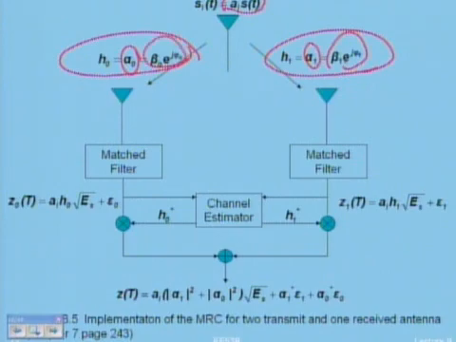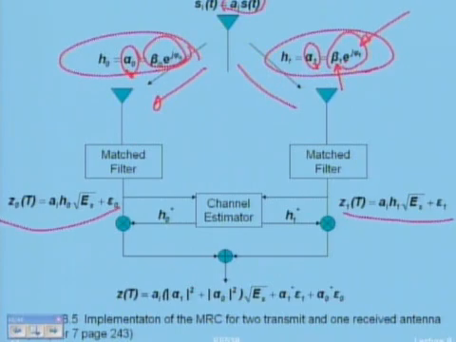This is the magnitude, this is the phase, and this channel and this channel are two different channels because these random numbers are different. These random numbers are representing the channel. Okay, so at the receiver I have the matched filters, and then the output of the matched filter, in one branch I have this, in one branch I have this thing. This H1 is the channel in here, H0 is the channel in here.